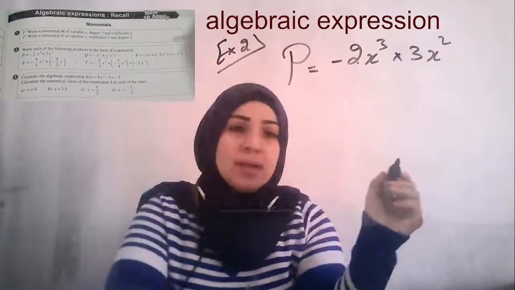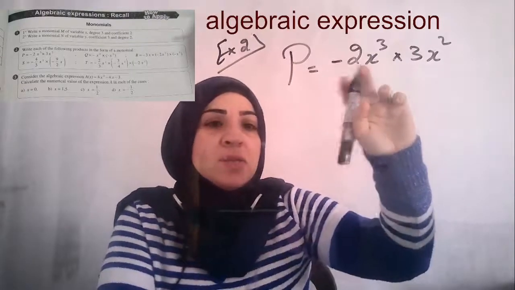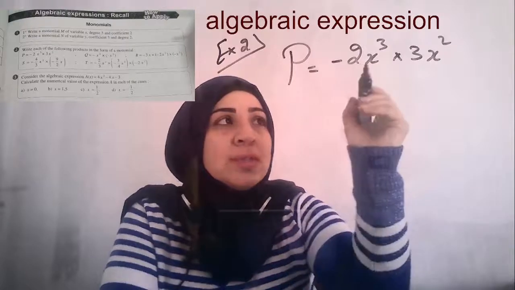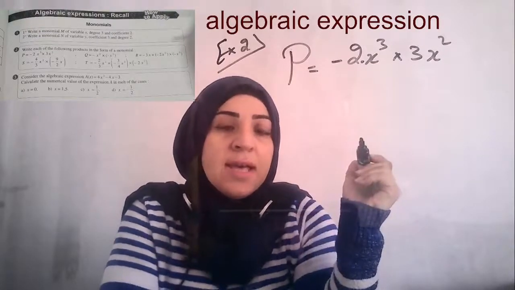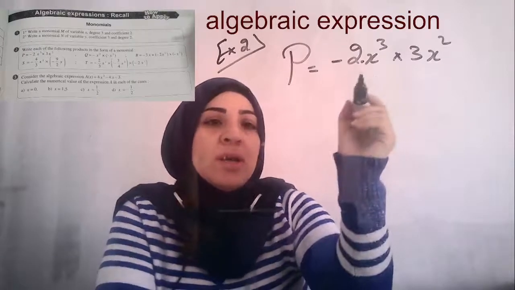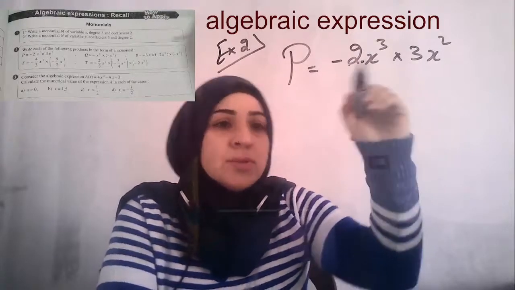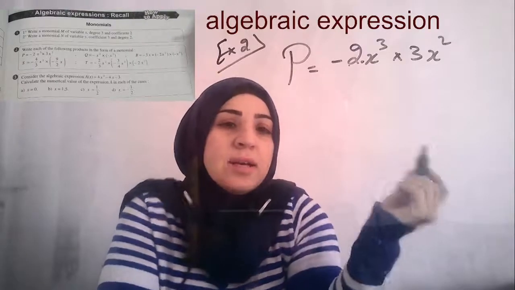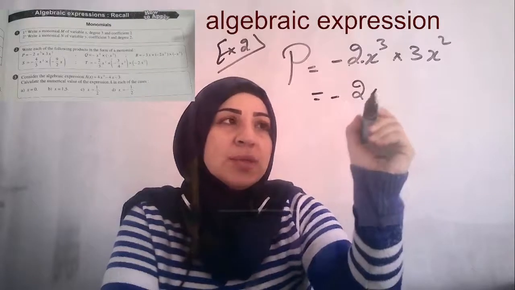How to multiply them? First of all, when we say minus 2x cubed, it's 2 times x cubed. There's a multiplication sign here. And in multiplication, I can say 2 times x times 3, or 2 times 3 times x, so they are both the same. So this one can be written as minus 2 times 3.